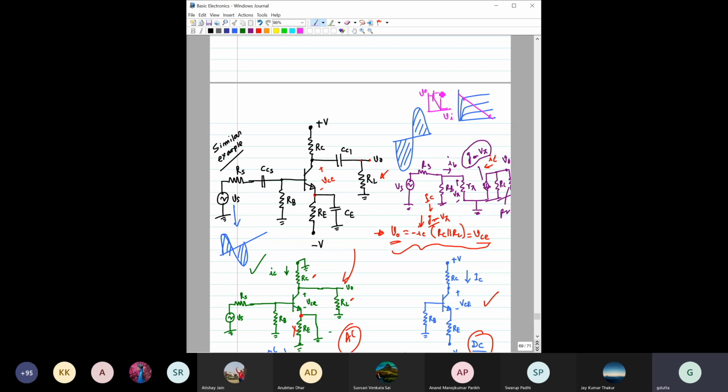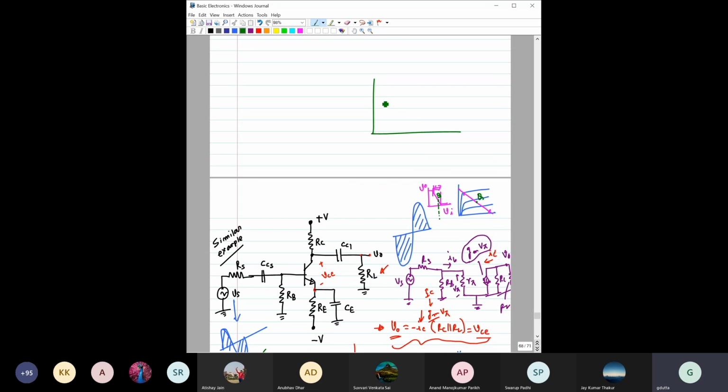Here only in this region the transistor will operate as a linear amplifier, right? And I think earlier we have also discussed the importance of biasing, choosing the Q point. Q point we are expected to choose in the midpoint of this DC load line, or the midpoint of this transfer characteristic, right? So that we can get a maximum swing of both positive half and negative half, right?